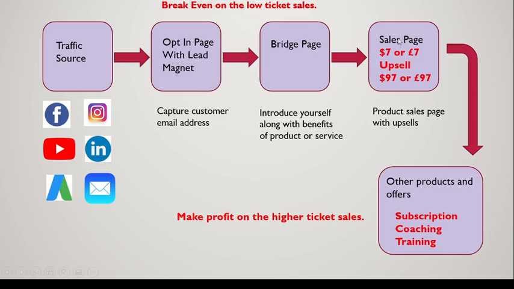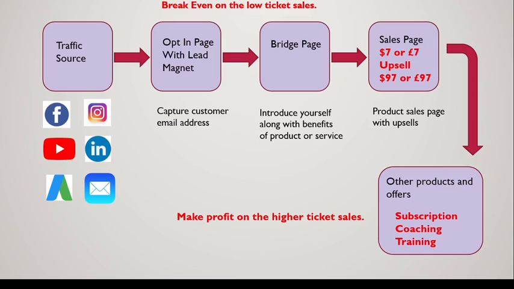Then we go to the sales page. This is where the $7 or £7 is the bottom end of the value ladder. This $7 or £7 hopefully pays for your advertising fee. So everything from then on is going to be profit in an ideal world.